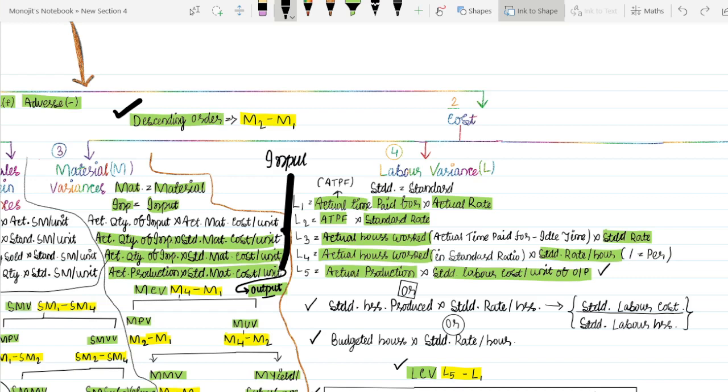M4 is standard material cost per unit of output. So now you need to prepare the chart.